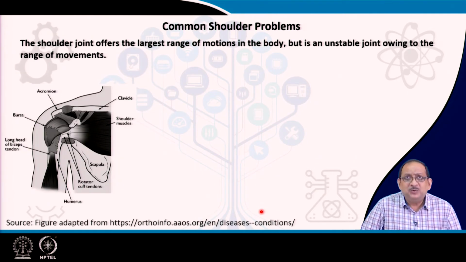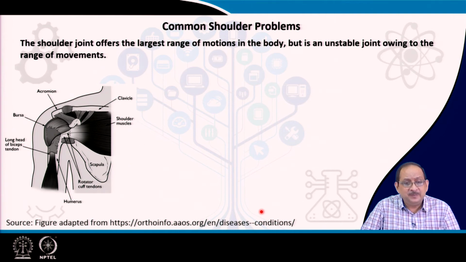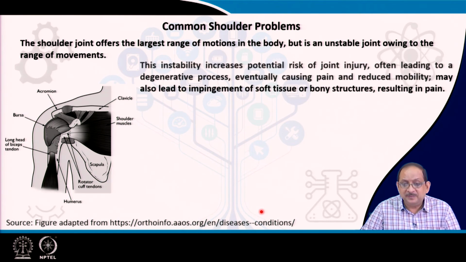Let us come to the common problems in the shoulder joint. As indicated earlier, the shoulder joint offers the largest range of motion in the human body. However, it is an unstable joint owing to the large range of movements.